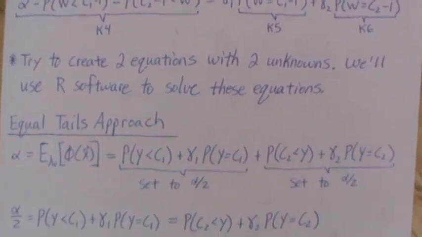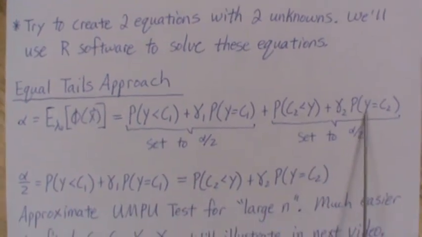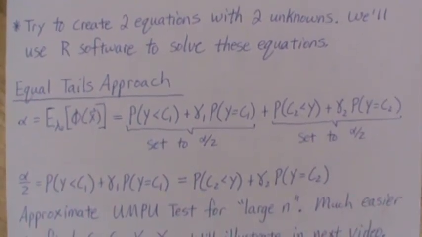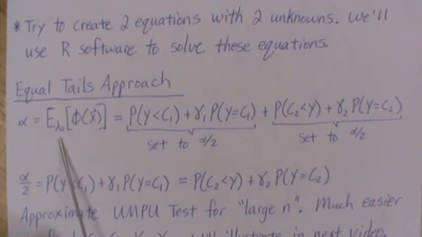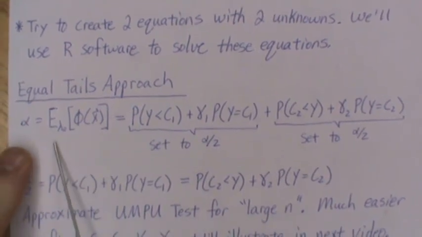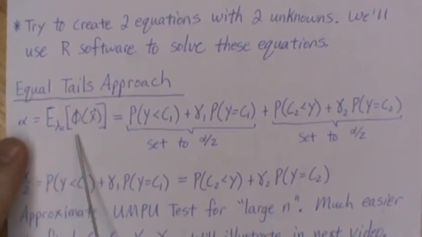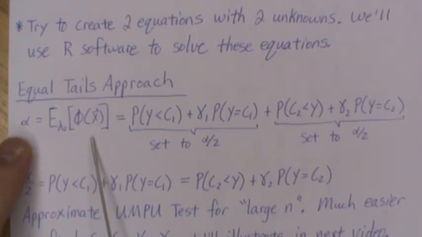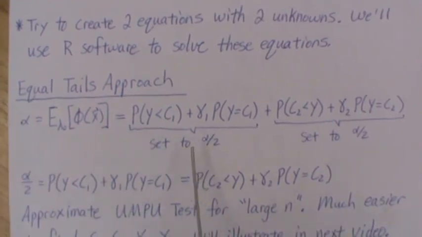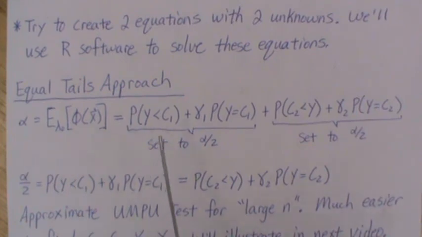That's the next video. But there's an approach that is more commonly used, and it's called the equal tails approach. Here, we ignore the second equation and we just make each tail equal to alpha over 2.